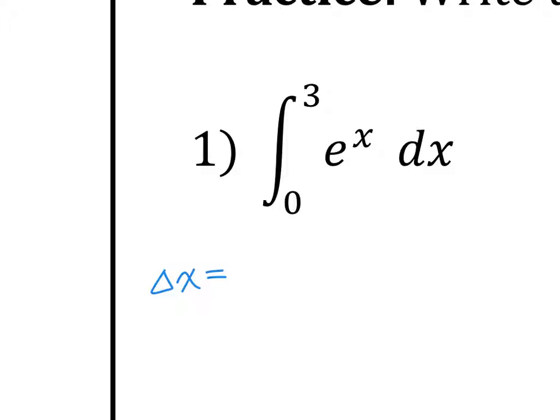Okay, what number is delta x? So it's b minus a over n. What is that? Everybody's just working. Anyone? No, 3 minus 0. 3 minus 0 over n, so 3 over n.